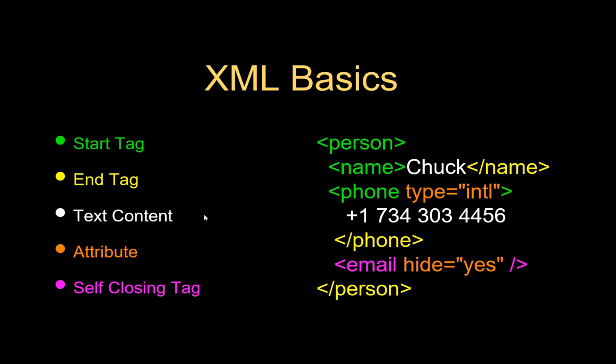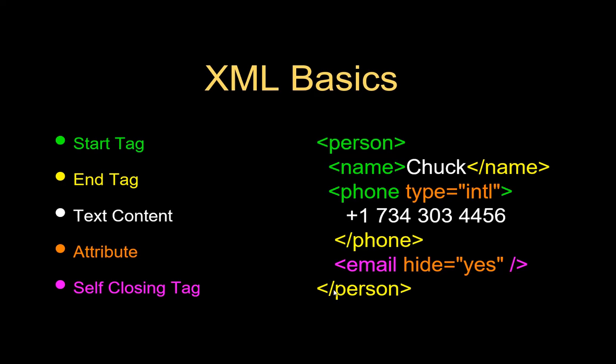About the XML basics, we have the start tag, which here is identified by green. Basically, any tag starting with a square bracket can be a start tag. The end tag is identical to the start tag, it just has a forward slash at the beginning of the tag after the square bracket.